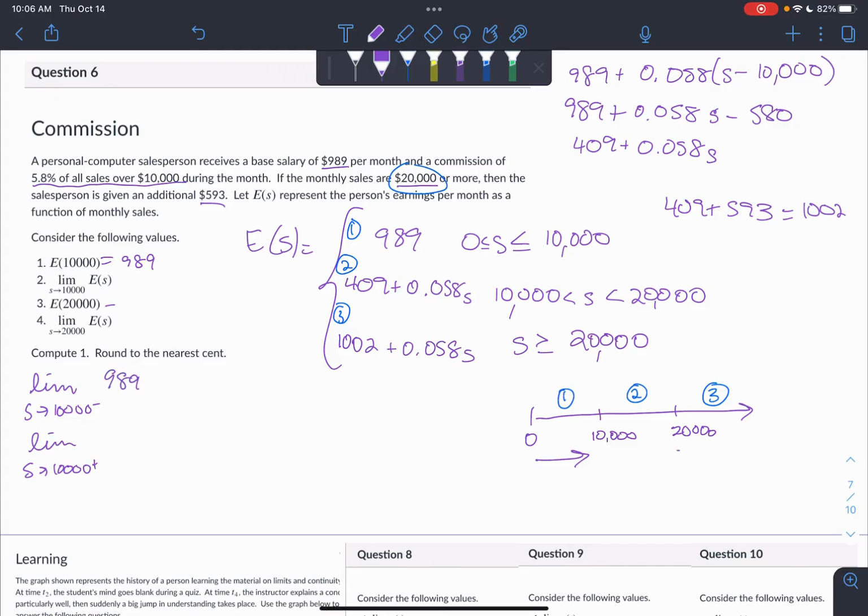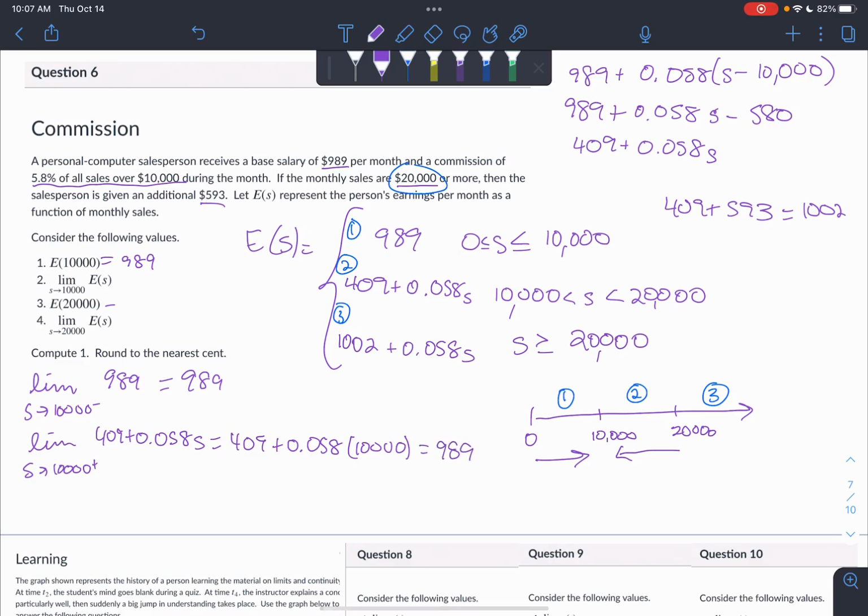Coming from the right, we use our second piece, 409 plus 0.058S. So this one is going to be 409 plus 0.058 times 10,000, and this comes out to be 989.